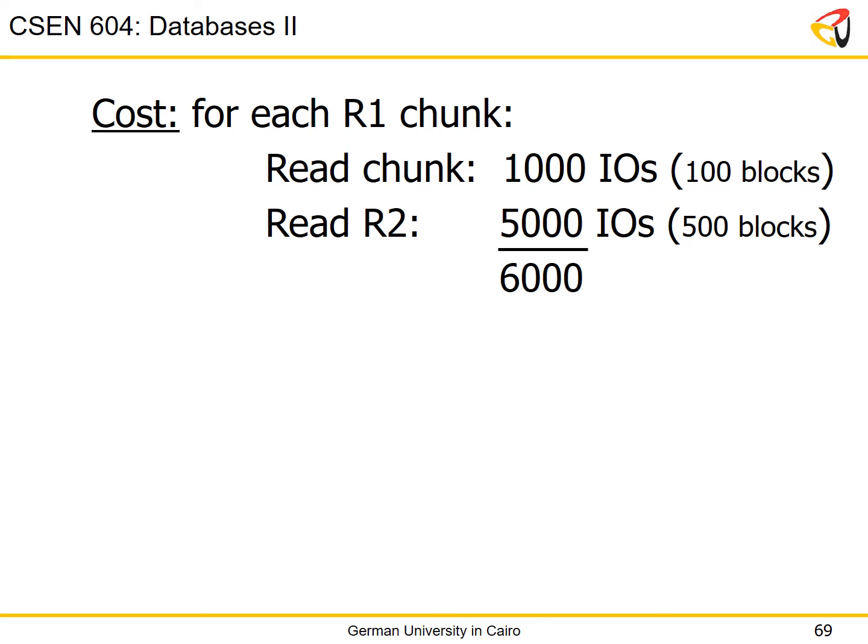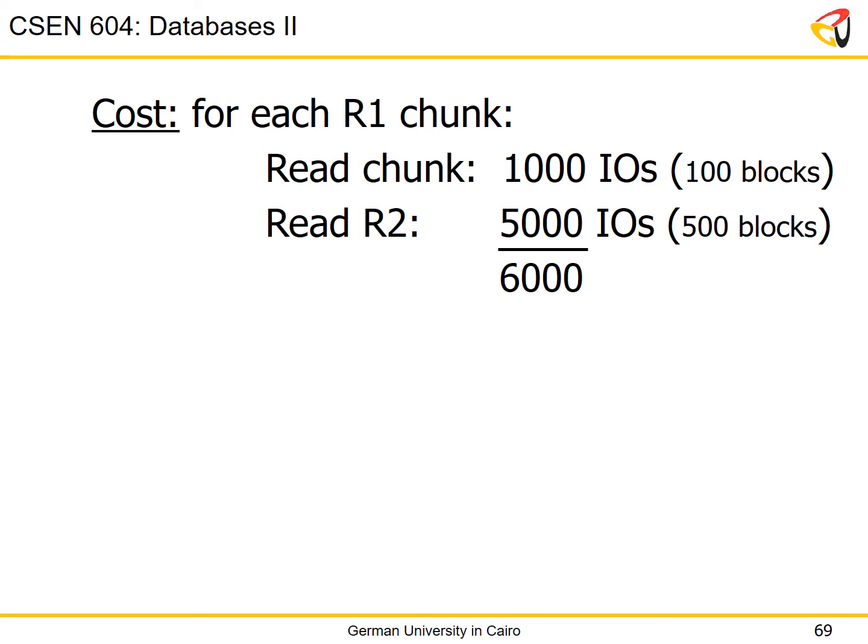So if I spend 1000 IOs, I am going to read 1000 rows from R1 and put them permanently in memory until I don't need them anymore. And then I'm going to go and read all of R2 row by row, spending 1 IO for every row, and since R2 has 5000 rows, I will spend 5000 IOs. So in total I will spend 6000 IOs.